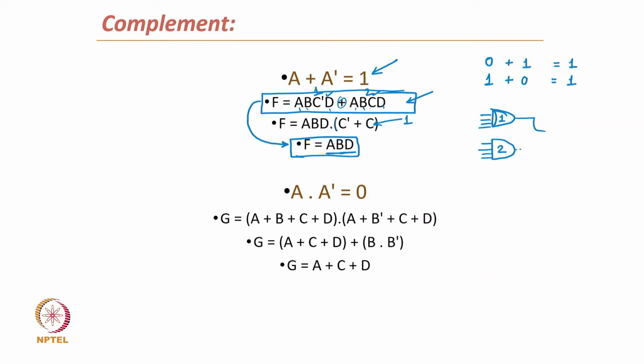So we put an OR gate here, a 2 input OR gate, for this combination. So this is function f. So here we see the complexity. We have 4 inputs here, and a 4 input gate here, and then a 2 input gate. However, if we simplify this logic using this complement rule, then we have only the term ABD, which is nothing but a single term, a 3 input AND gate.